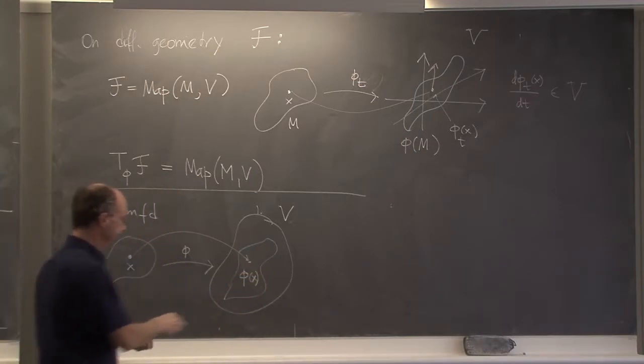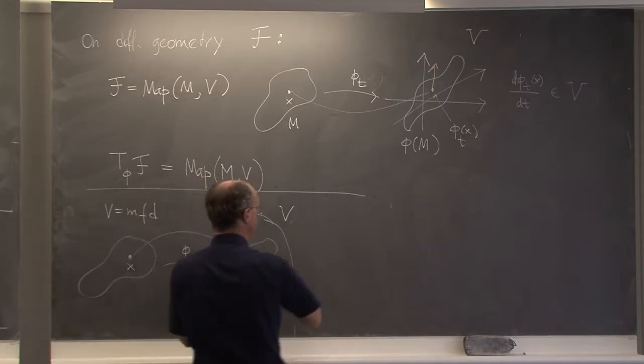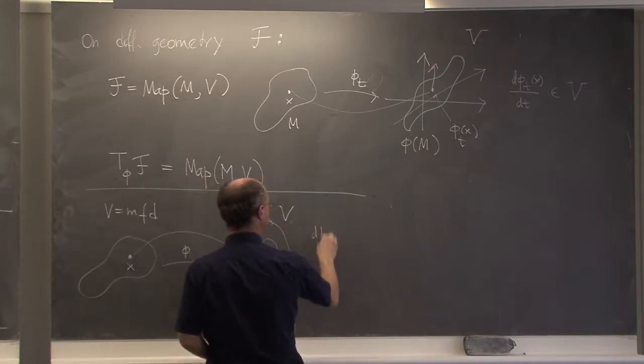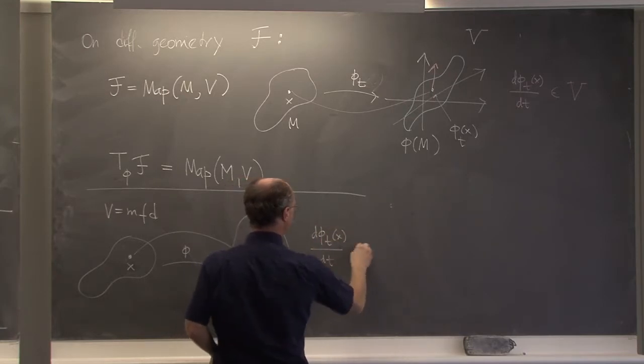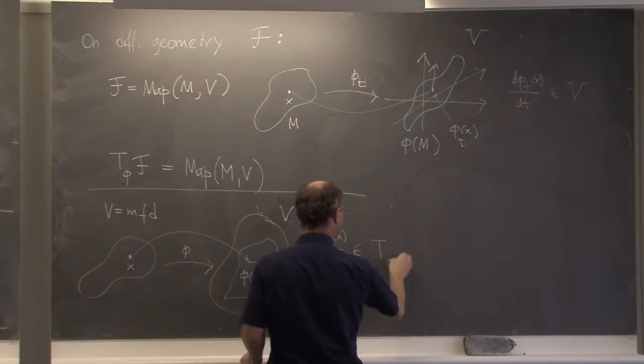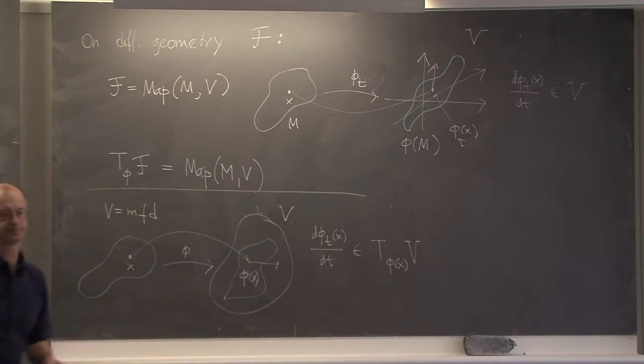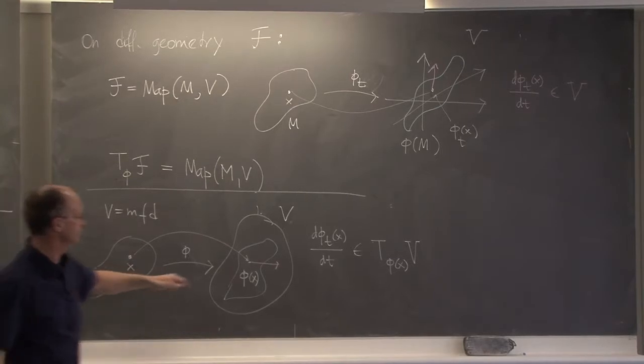And we're going to have this tangent vector, d phi_t of x over dt, which now lives in the tangent space to V at phi of x, right?